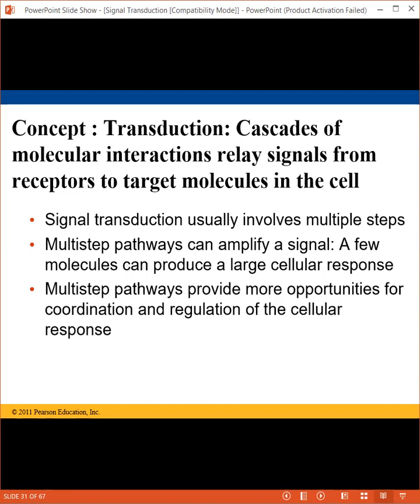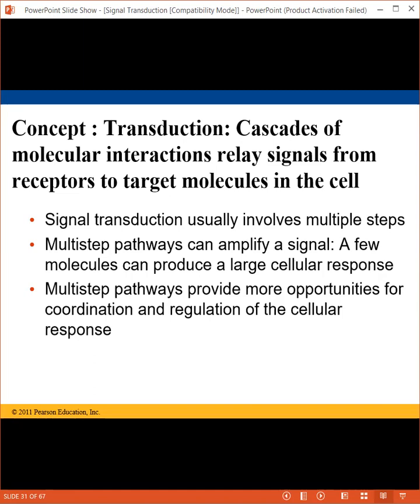So it is a cyclic order, and this kind of phenomenon is happening inside the cell when signal transduction occurs. So it involves multiple steps, and during this process, a signal can amplify.